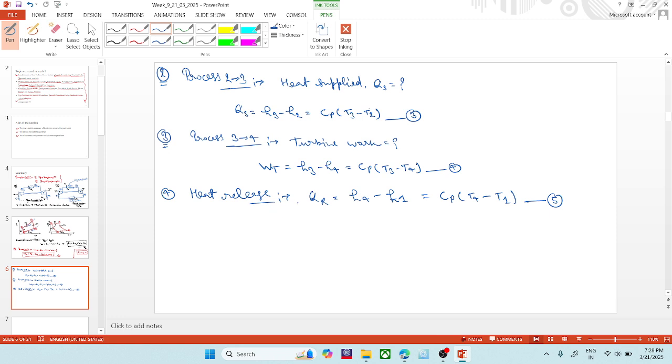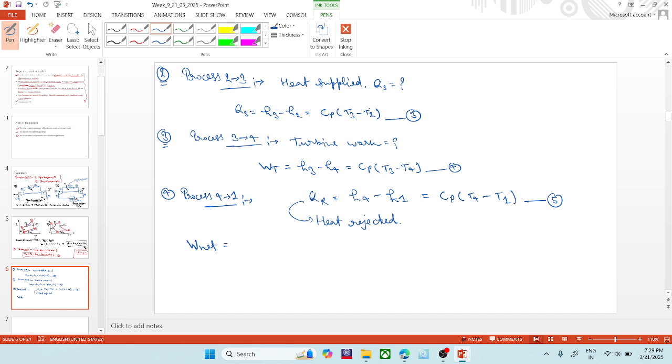So now let me write it clearly. This is process 4 to 1, and this is the heat release, rejected or released. In another way, we can write the net work output.